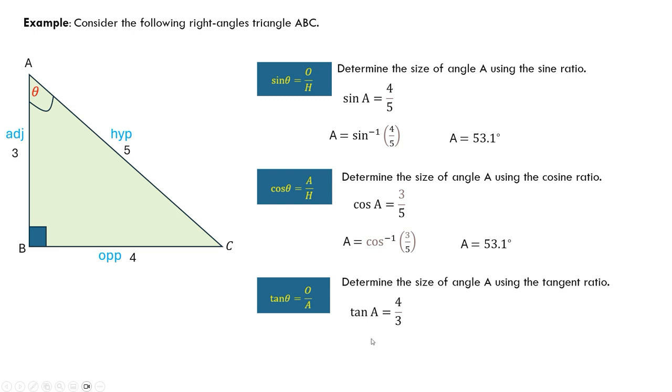A by itself will equal the inverse tan of 4 over 3. Punch that into our calculator. Once again, we come up with a value of 53.1 degrees. So we have triple confirmed using sine, cosine, and tan that this angle A is indeed 53.1 degrees.